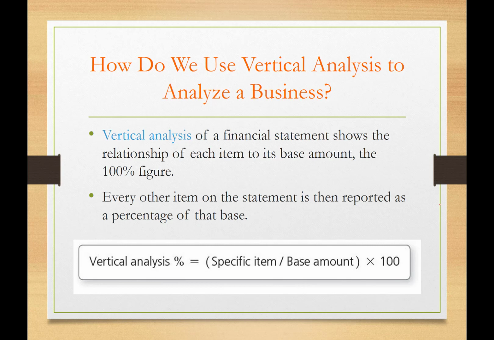So you would use those as the base figures and then determine what the percentages of each item were from there. And if you think of the income statement, you could probably use your sales as your base and then go down the line and see what percentage of sales each item was. So you would take the specific item divided by your base amount times 100.